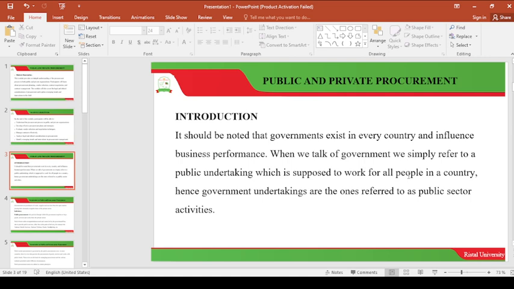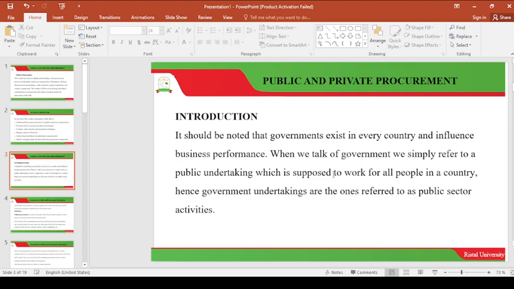Hence, government undertakings are the ones we refer to as public sector activities. So what are the activities involved in the public sector? One is the construction of infrastructure, that is the roads, the bridges, the hospitals, those are the health centers.